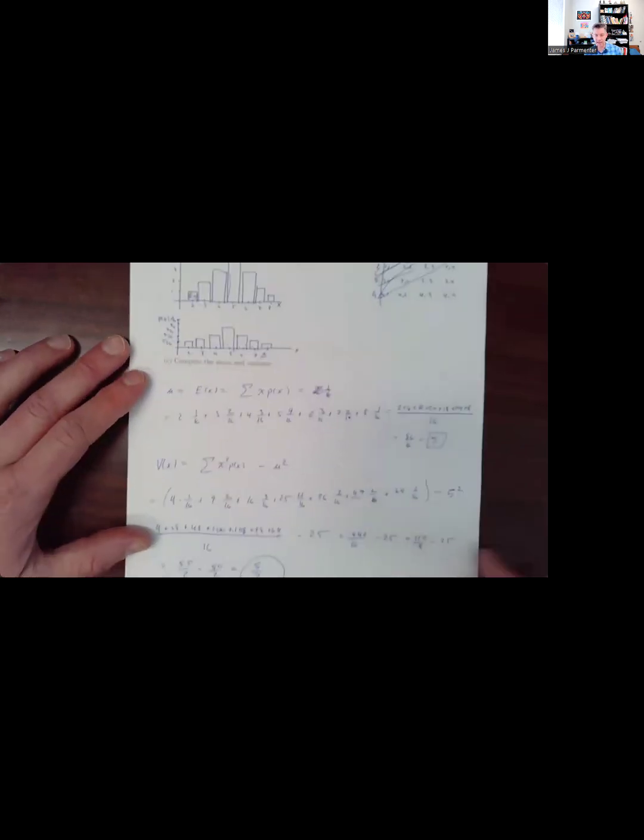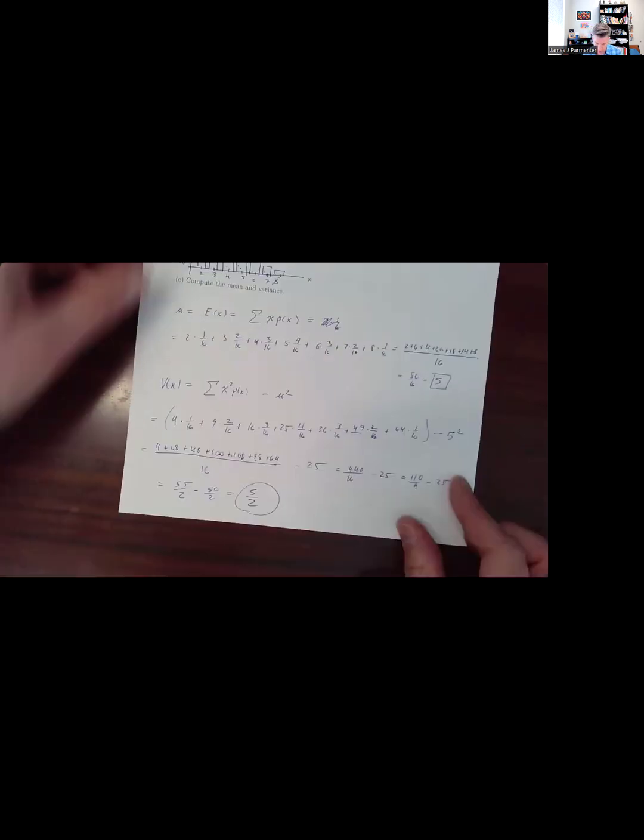And then that's going to be 55 over 2 minus 50 over 2 plus 5 over 2. I'm sorry, I didn't see any of that. I apologize.